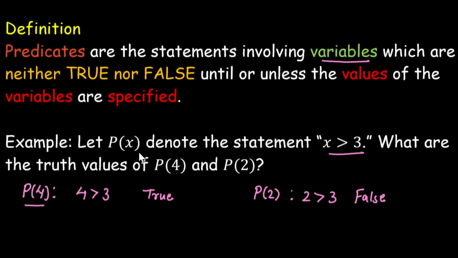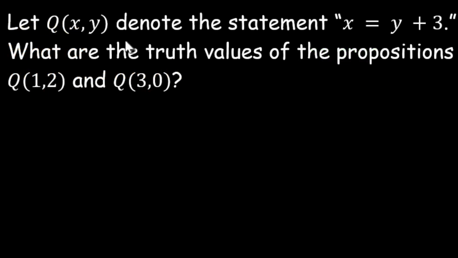But we can have such statements that involve more than one variable. Let's take a look at this example. Let Q(x, y) denote the statement that x plus y is equal to 3. What are the truth values of the propositions Q(1,2) and Q(3,0)? Now Q(1,2) is what?